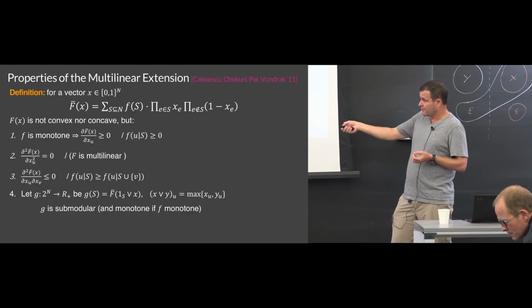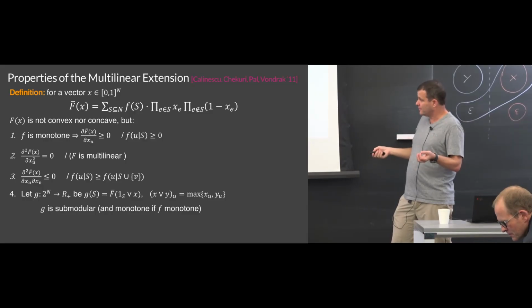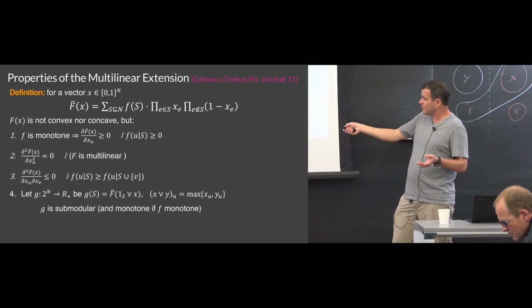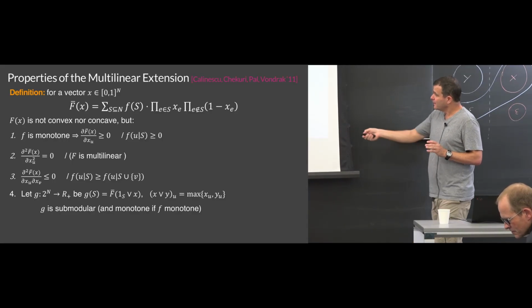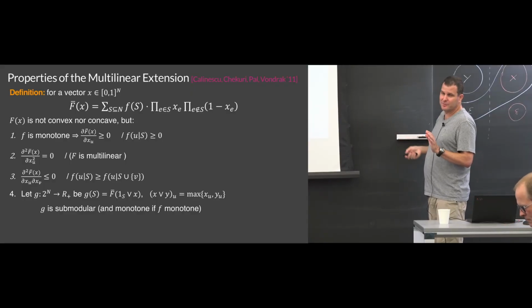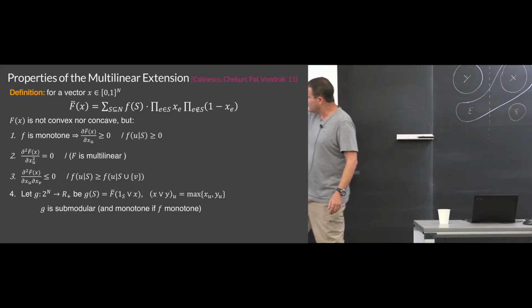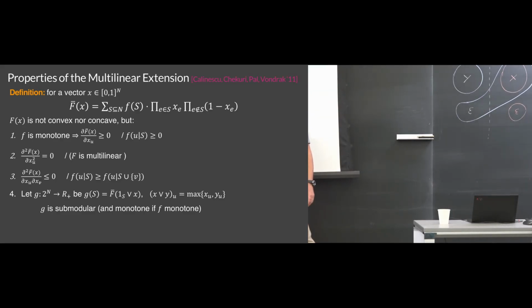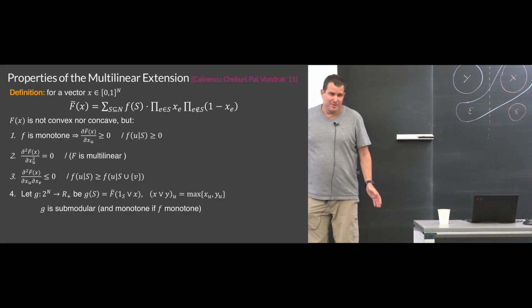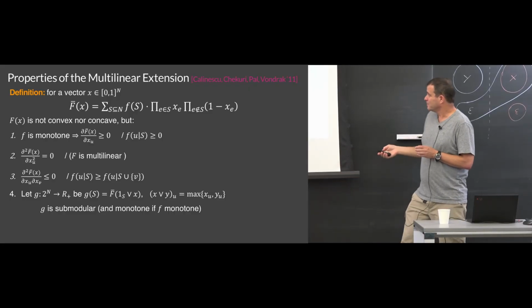If you define such a function, and you should believe me, it's not difficult, then g is submodular, and if the function is monotone, then g is also monotone. This is the only property, and I'll remind you of this function. Actually, there should be maybe a subscript of x here, but I don't put it for simplicity. Great.